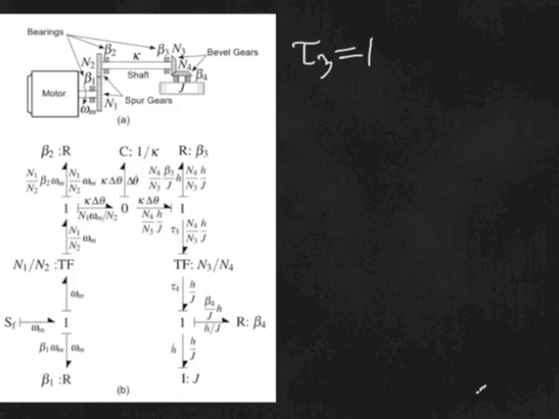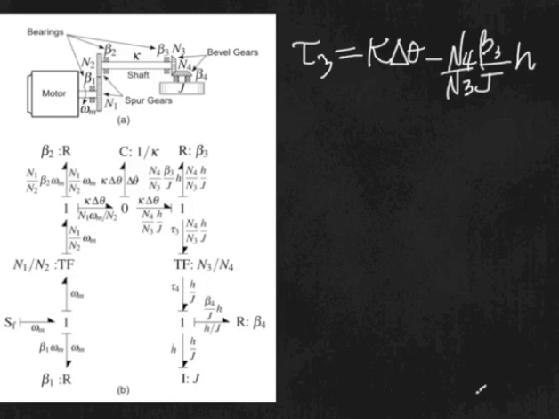We have a kappa delta theta, and we have a negative n4 divided by n3 times beta 3 over j times h.